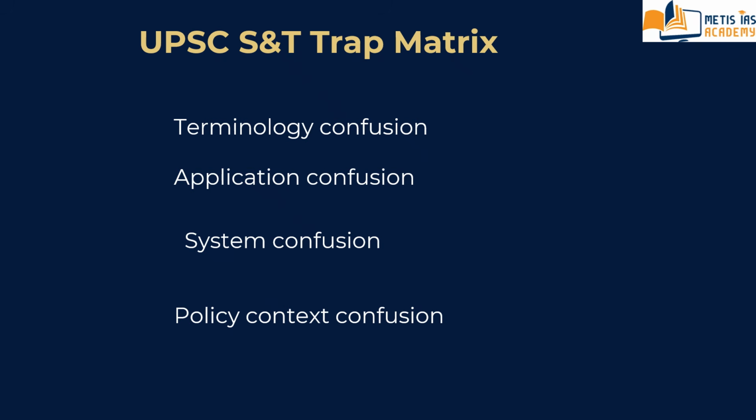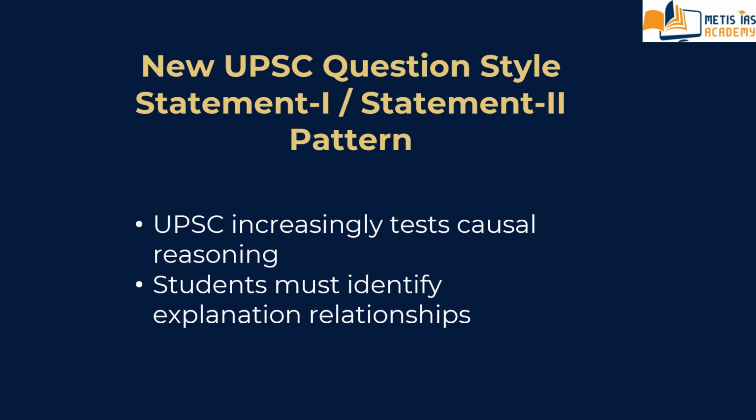That is why you have to understand these types of confusions: terminology, application, system, policy context. Once students recognize these traps, many science and technology questions become much easier to solve.